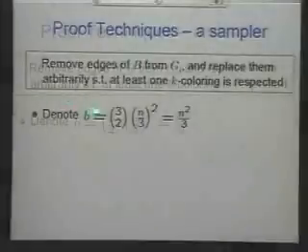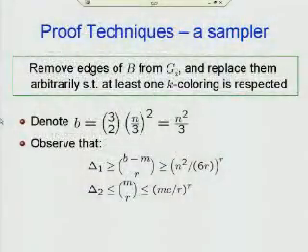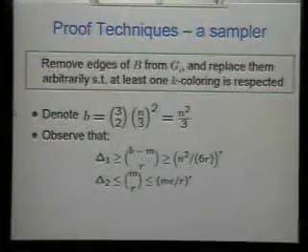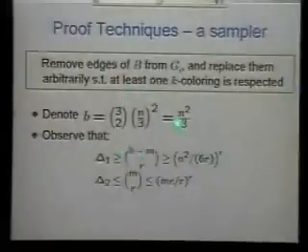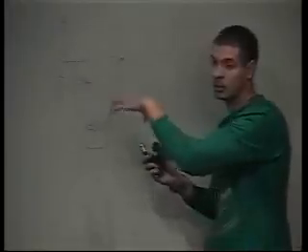So if B is the total number of edges, then delta 1 is at least, you have to choose out of, so M edges are taken, right? You cannot use them. But you have this number of left edges, so take one coloring. So here I'm a bit cheating because the coloring is not in particular balanced.